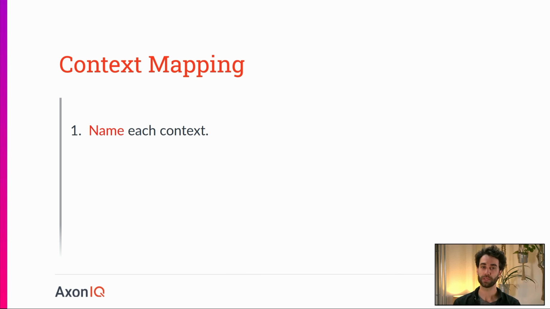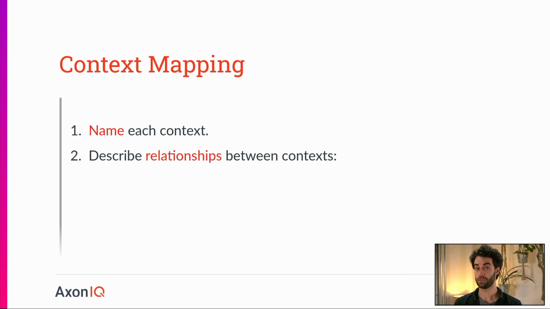When you're context mapping, you will name each context you have very definitely. It's after naming of these that you describe the relationships between these contexts, between these subdomains, so to speak. In the process of describing these relationships, you define the points of contact you have between all these contexts.